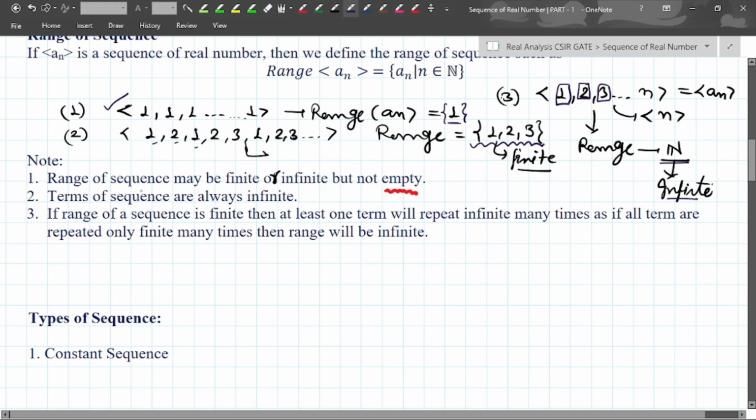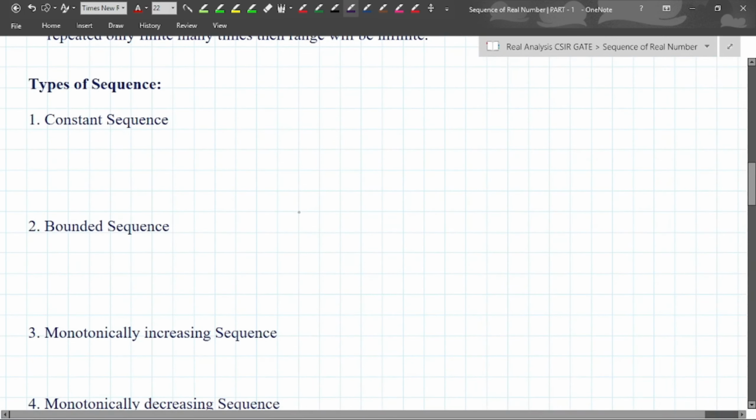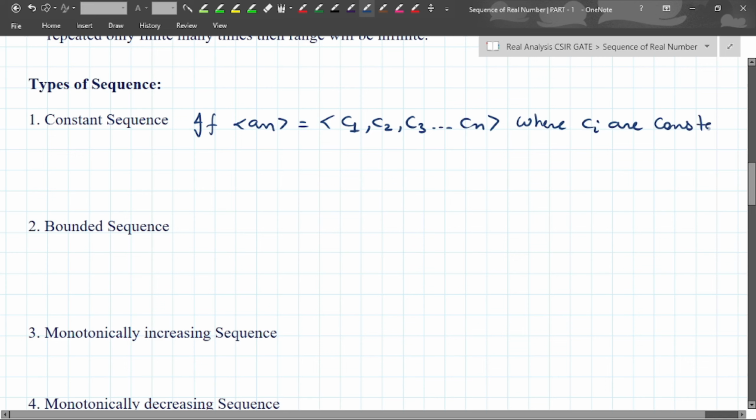Next we have types of sequences that we are going to discuss, and that is something important. In the types of sequences, first of all, we'll explore the constant sequence. What is the meaning of constant sequence? If you have a sequence an, like C1, C2, C3 up to Cn, where all Ci are constant.